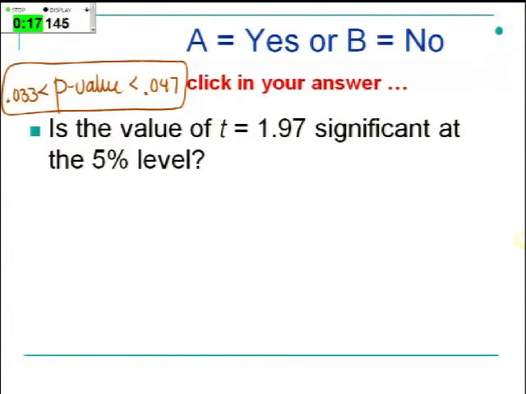We can't report the p-value exactly, but we do know two numbers that it falls in between. You're still asked to do the test at a 5% level of significance. So now it just takes a little bit again on the number line. Make sure you know where you fall relative to 0.05.